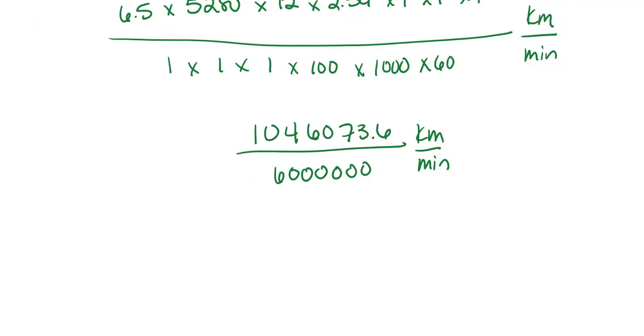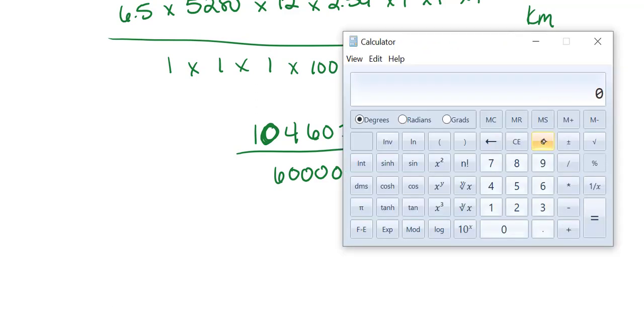And so when we write this all out, we now have our numbers. Let's get the calculator back out, and then we can do this division. So we'll take the larger number from the top and divide by the bottom one.